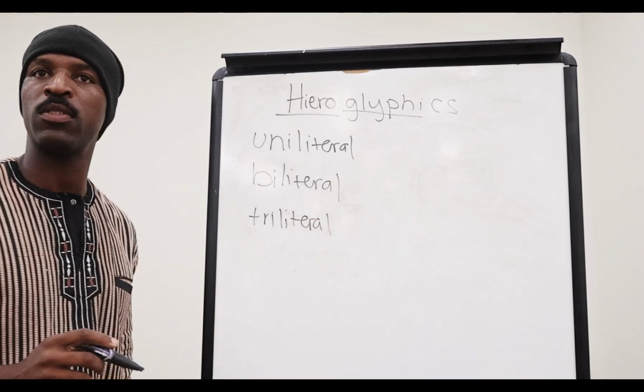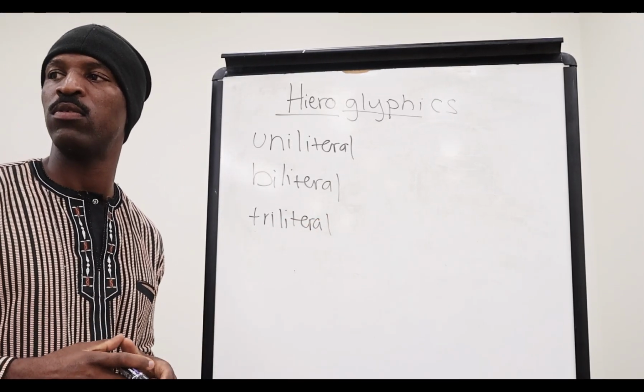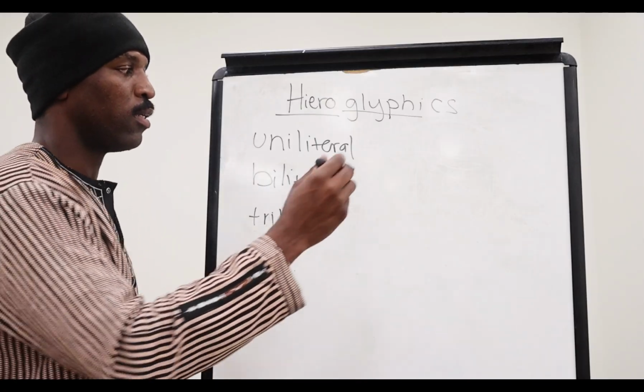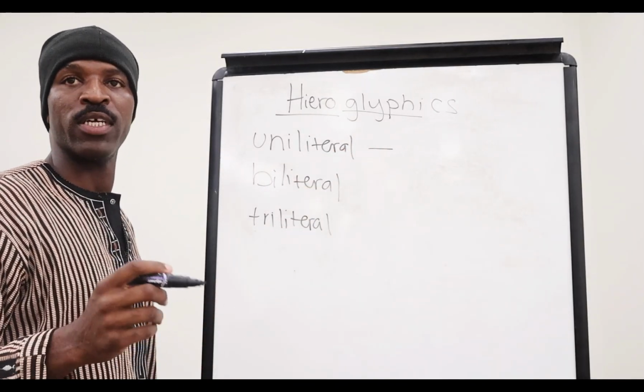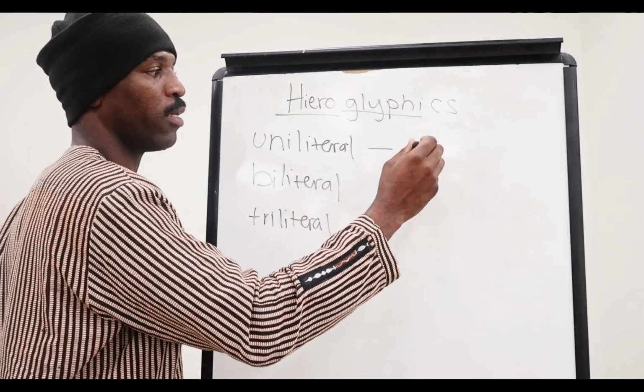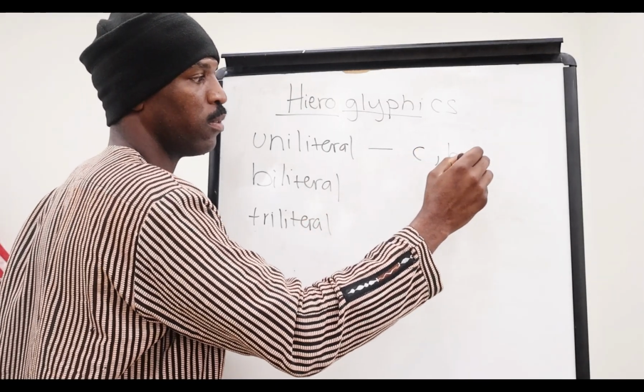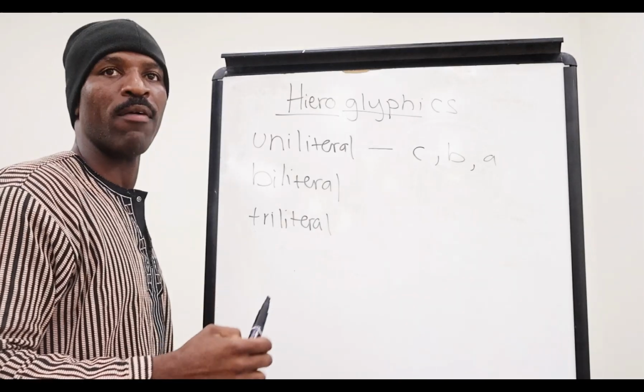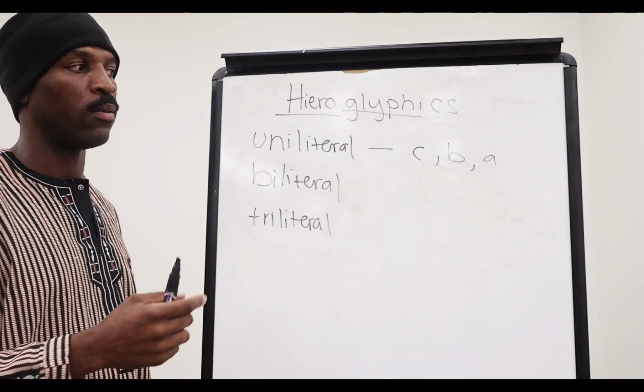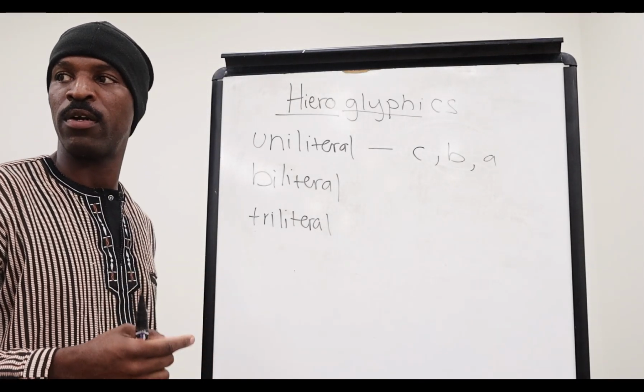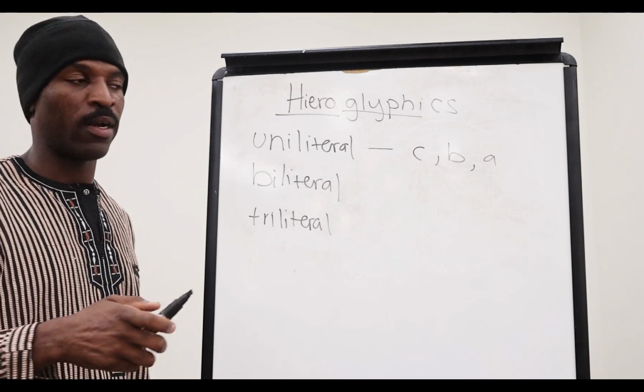So the phonograms, whenever the hieroglyphs are used to represent a sound, they can be uniliteral, which translates to our consonants, like C, B, might be A. So one hieroglyph would represent K, B, the sound of the letter, K, B, H, right?